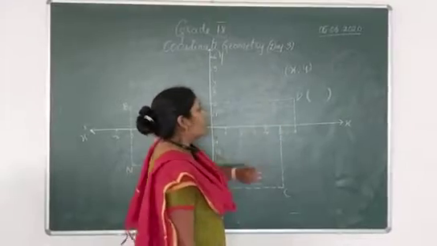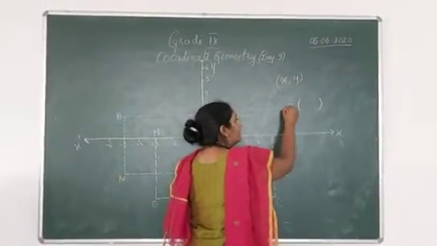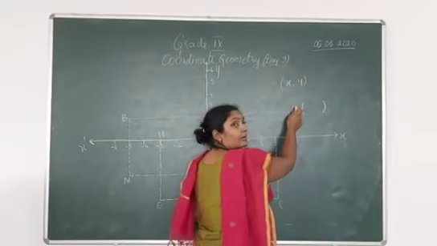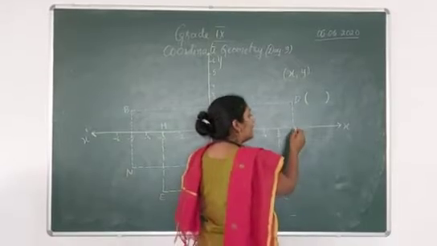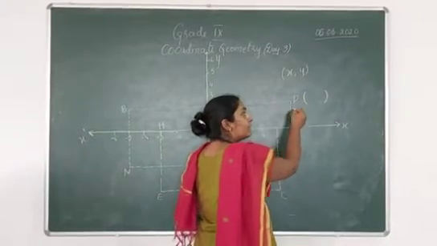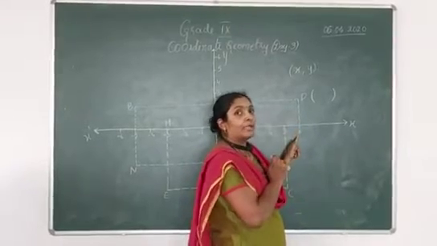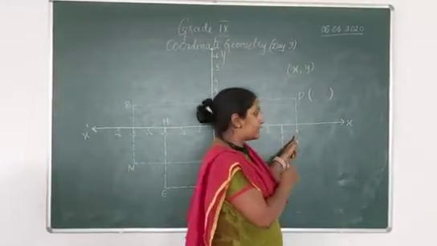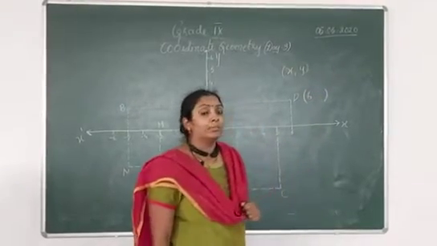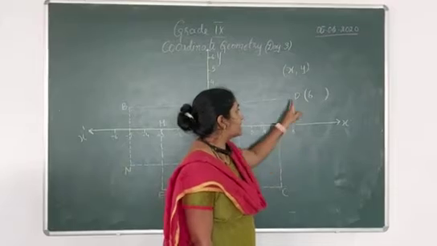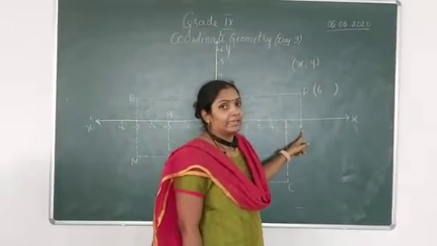So here, what is x? The value you get when you draw a perpendicular from that particular point onto the x-axis is the x-coordinate of this point, D. So the x-coordinate of the point D is 6, because this is a perfect perpendicular dropped onto the x-axis.